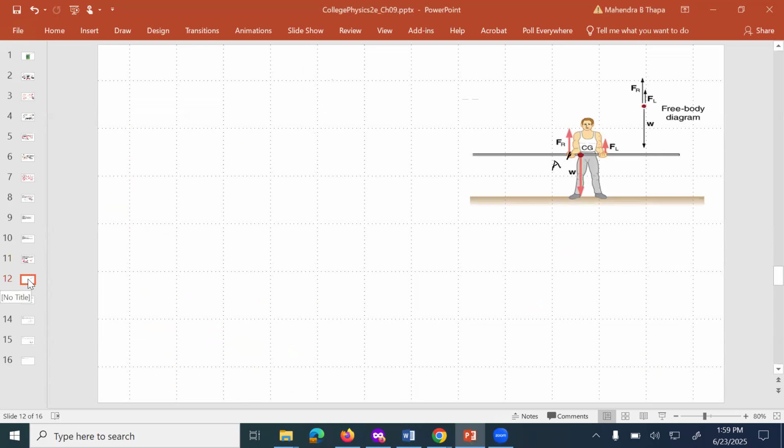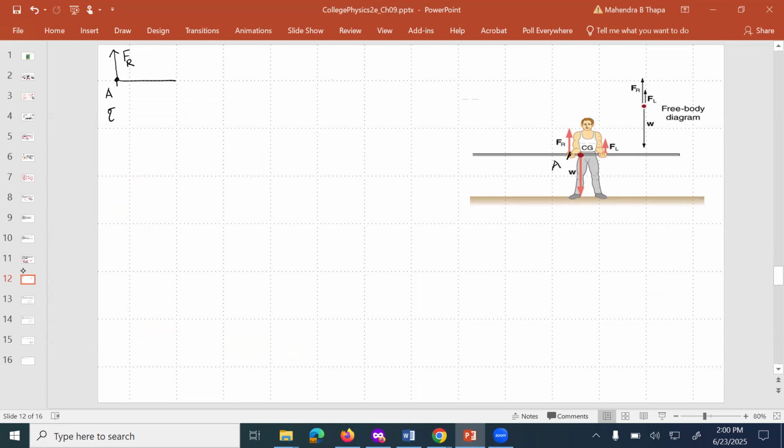So let's see here. Say this is the pivot point or origin A. One force is Fr through the point A, right?